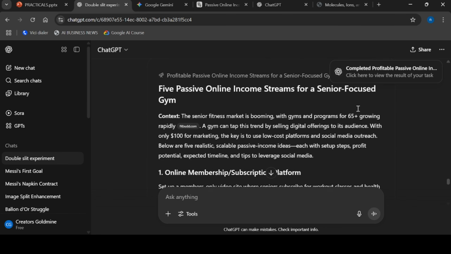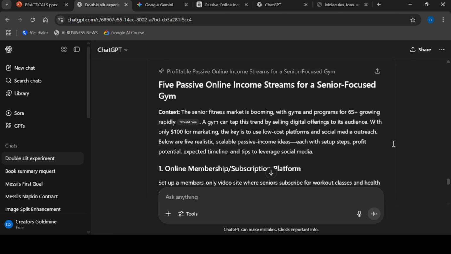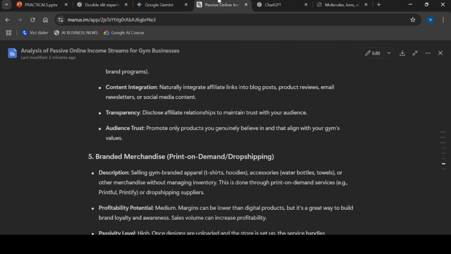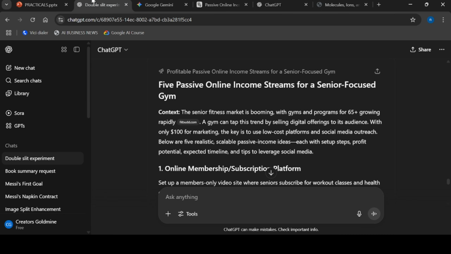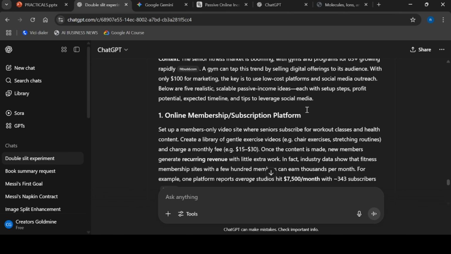You see, ChatGPT is actually done with our research. So now look at five passive online income streams for a senior focused gym business. If you remember, during the manuals, we did not specify that it's for seniors. We just told it to give us ideas. Now let's see: online membership subscription platform.